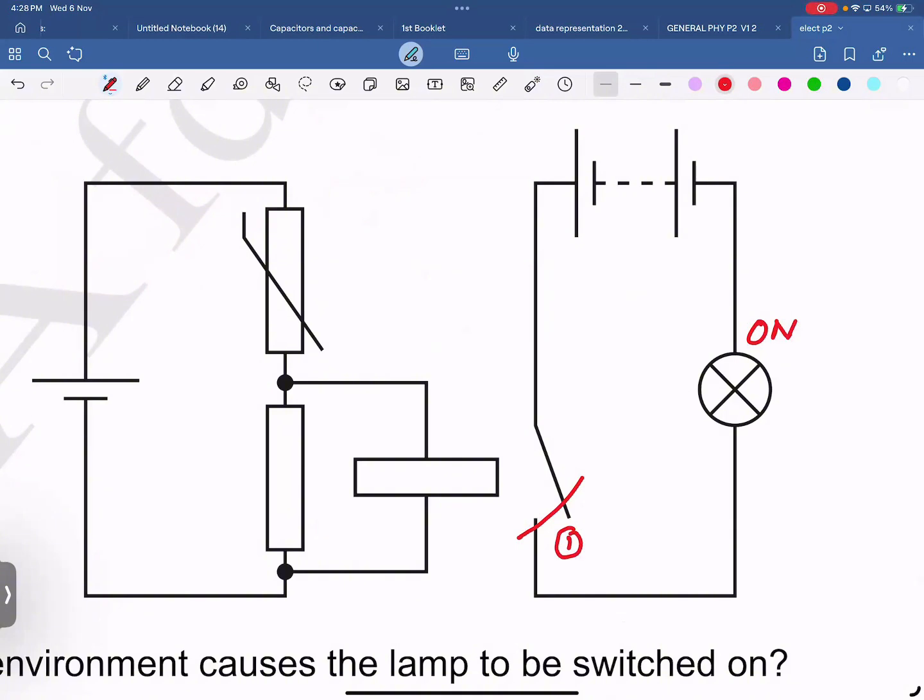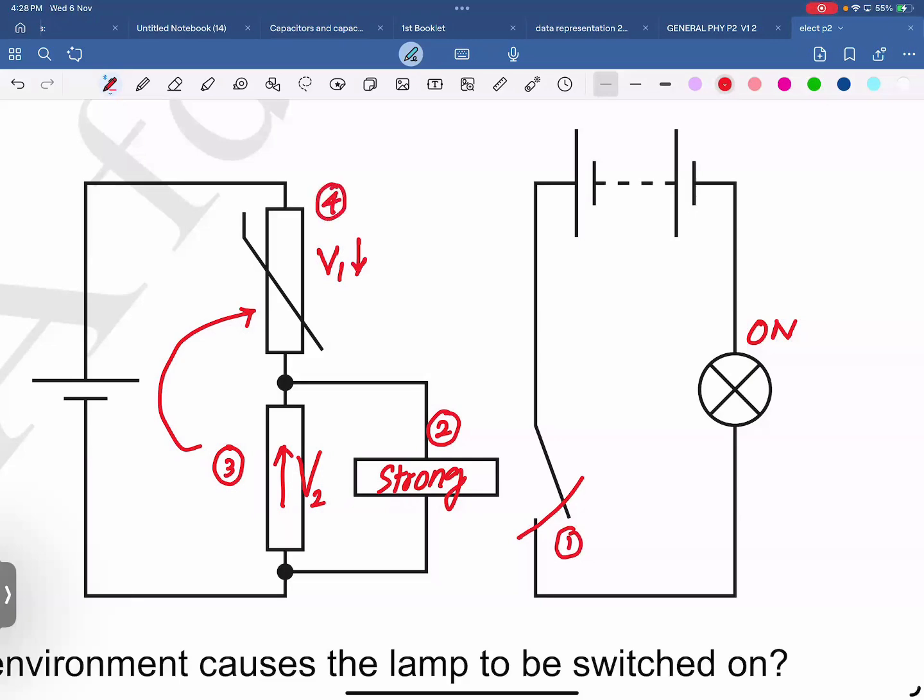This relay switch can only be closed if this electromagnet is very strong. Number two, this electromagnet can only be strong if this voltage share is very high. Number three, this voltage share V2 can be high only if this voltage share V1 is very low.